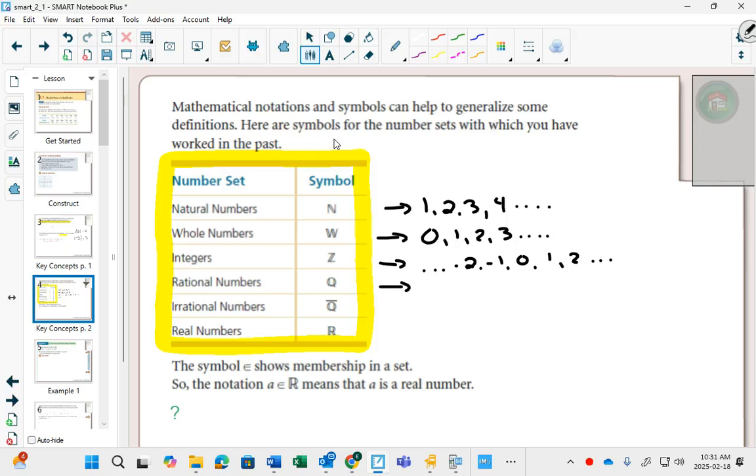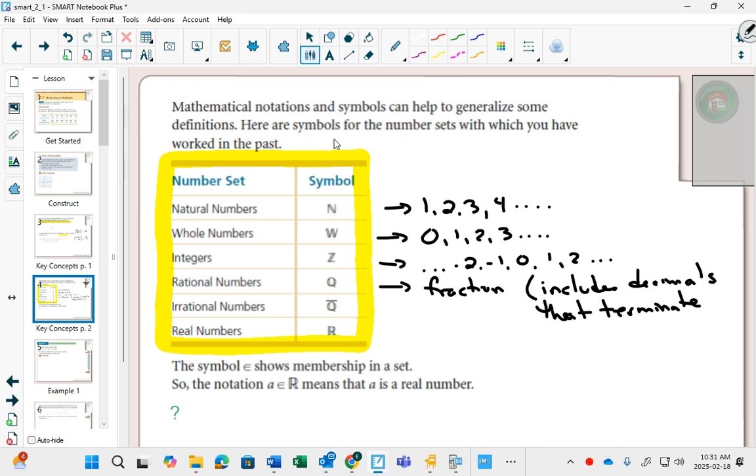Rational numbers, in short, are any numbers that can be written as a fraction, and this includes decimals that terminate or end, and repeating decimals.